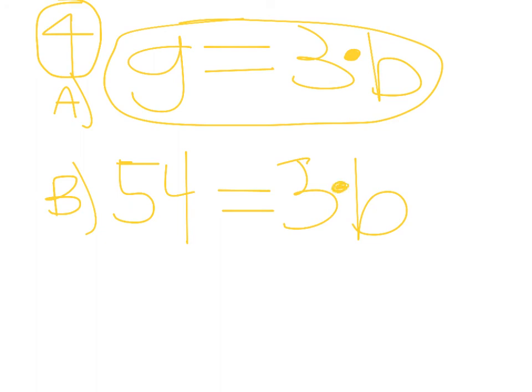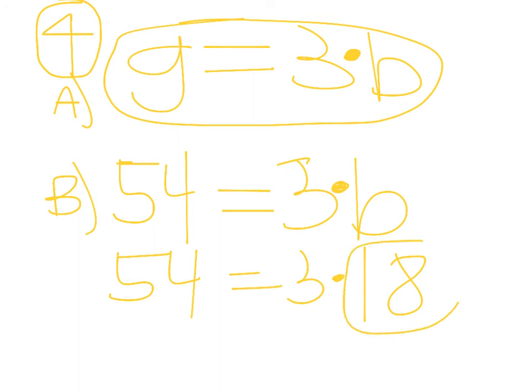If you're trying to figure out what multiplied by 3 equals 54, then do the opposite. Divide by 3. 54 divided by 3 is 18. So we've got 3 times 18 bushels. If you have 18 bushels, multiply that by 3 because 3 gallons of apple cider per bushel, and that will give you the final amount of 54 gallons. Alright, that is example 4.